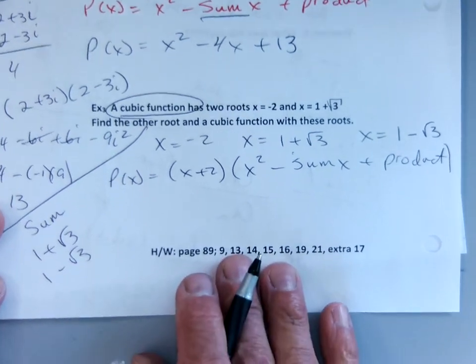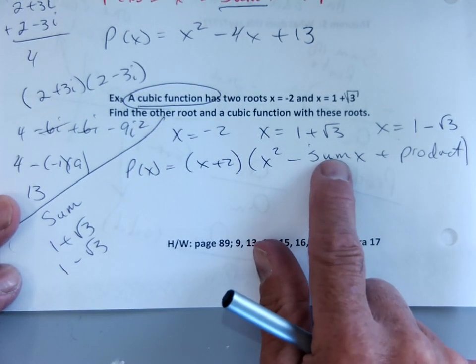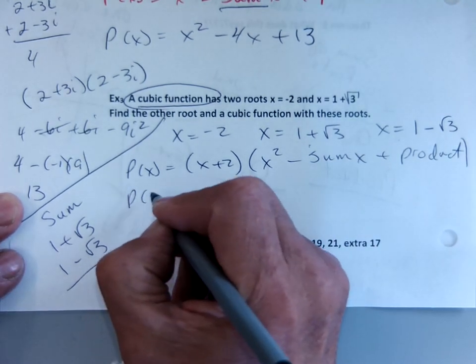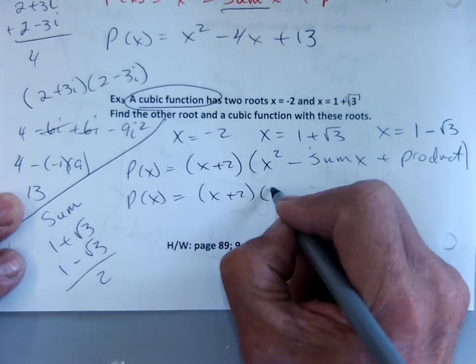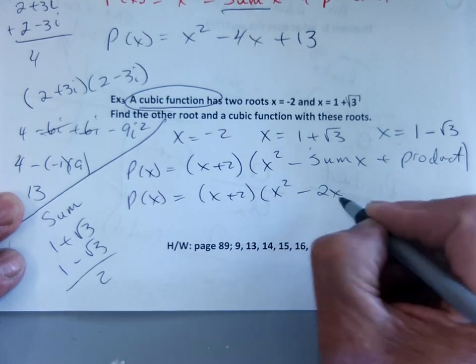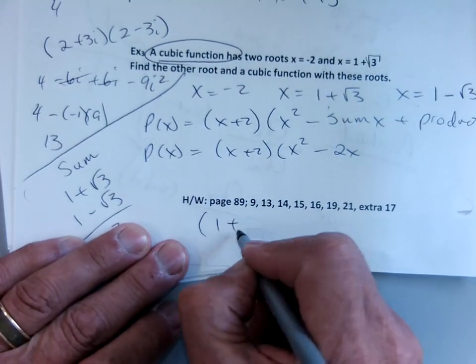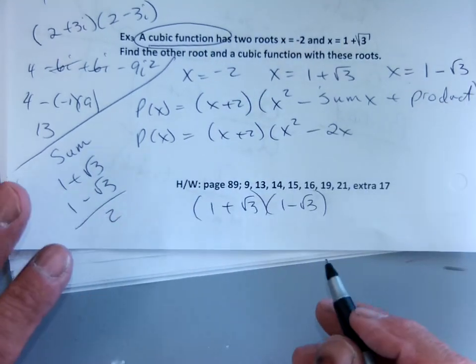So a little side work. So the sum's going to be 2, right? Isn't the sum 2? The sum is 2. So I've got p of x equals x plus 2 times x squared minus 2x. The product, let's see, I'll squeeze that down here, okay? Plus the square root of 3. Okay, so I'm going to find out what the product is right now.